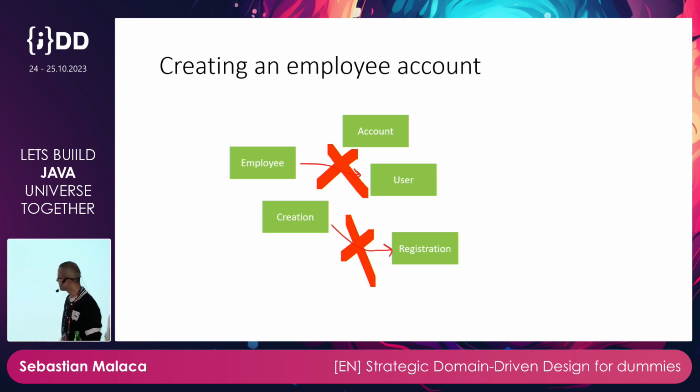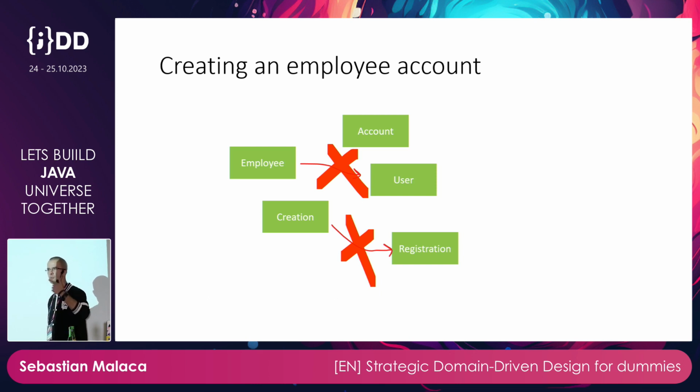We are not changing that into user. Why is that? Because a user is someone who has a login, password, some credentials, accesses, and so on. Maybe this is someone who is subscribed for some notification. This is what I understand when I see a user. An employee is a person that we need to pay. There will be some agreement related to this employee.